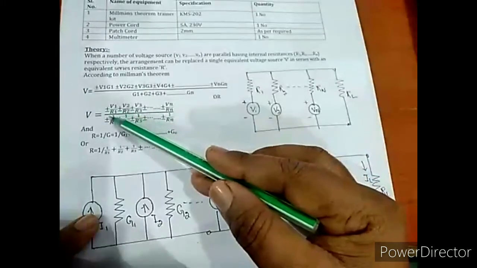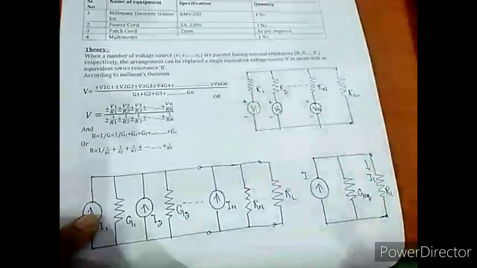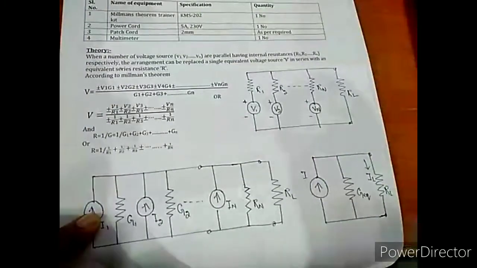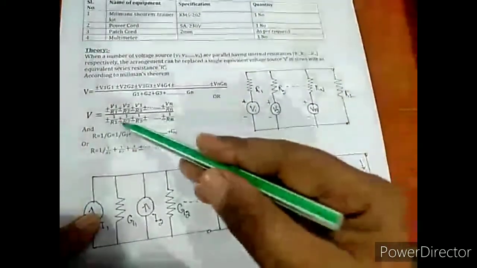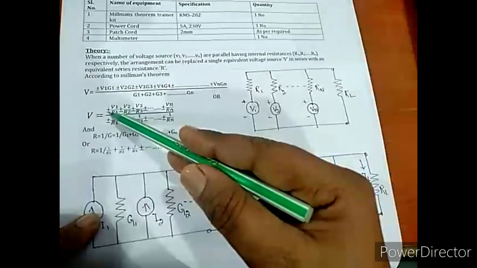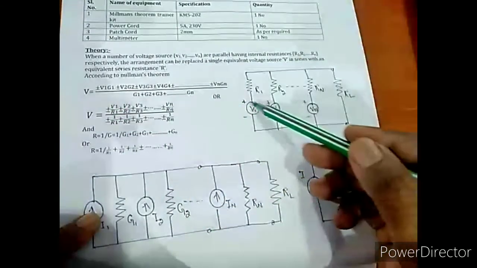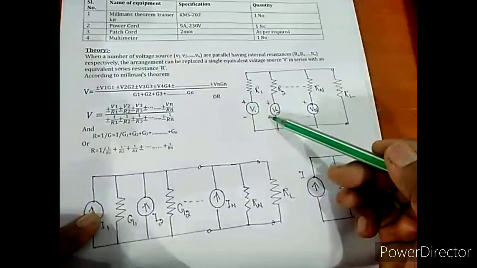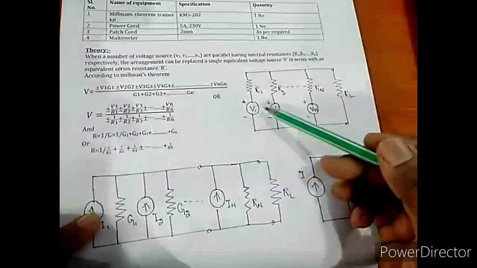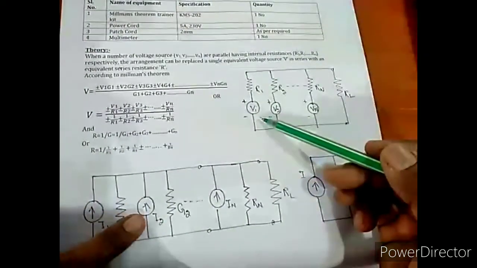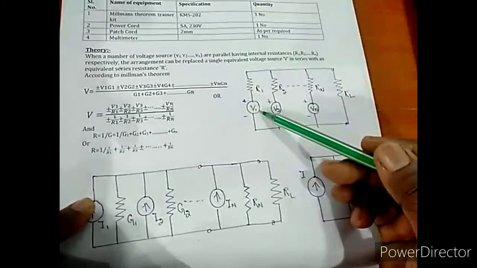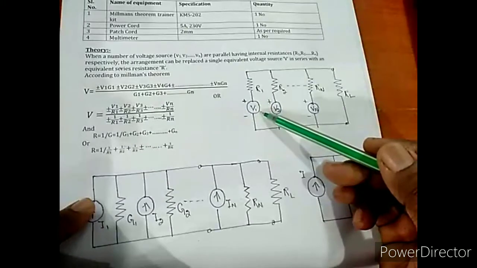And this plus and minus symbol is according to the polarity of the voltage source. For example, the current direction of I2 is downward and I1 is upward.